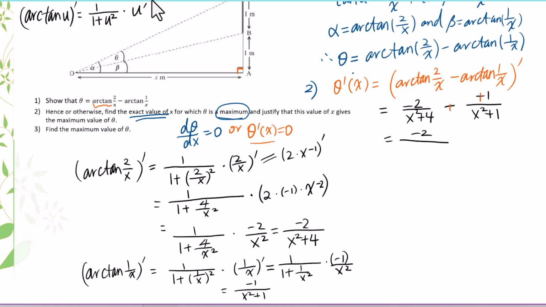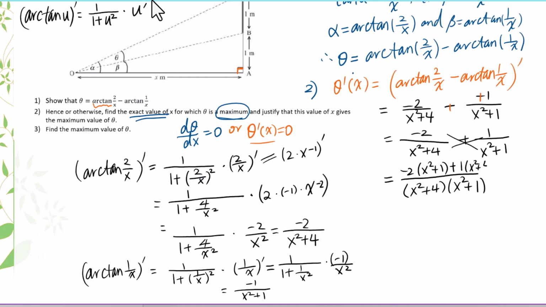Negative 2 over x squared plus 4 plus 1 over x squared plus 1. We will put this fraction together. Denominator: x squared plus 4 times x squared plus 1. Numerator: negative 2 times x squared plus 1, plus 1 times x squared plus 4.